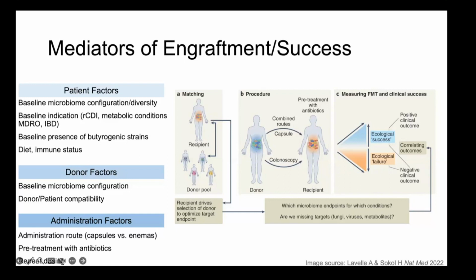Patients get pre-treated with, for example, vancomycin and neomycin, and this is thought to more so wipe out the microbiome, so that the microbiome may be more receptive to receiving new microbiota through FMT. And repeat dosing is being looked at, especially in MDRO colonization.